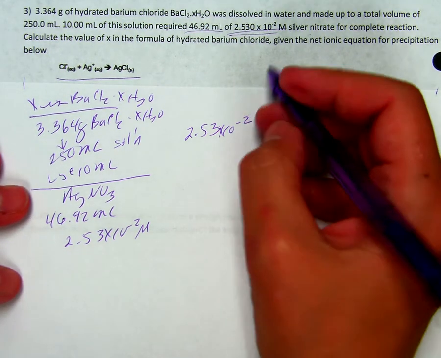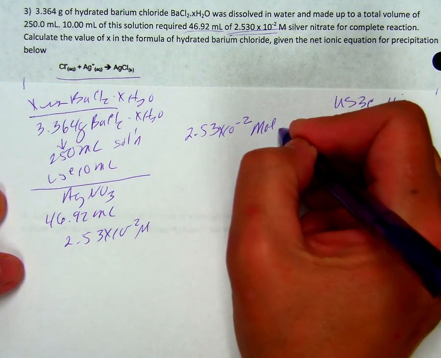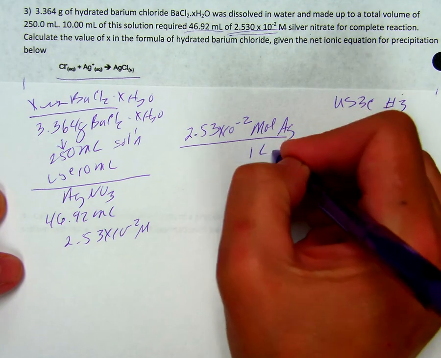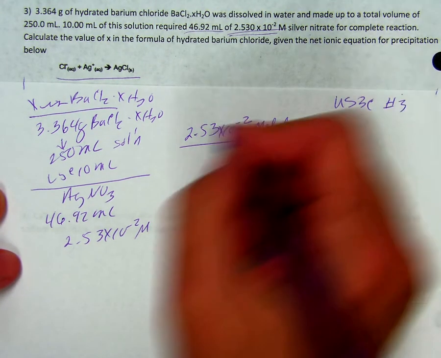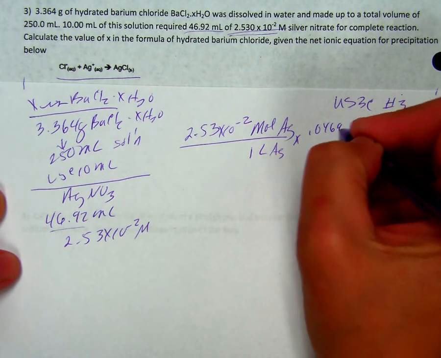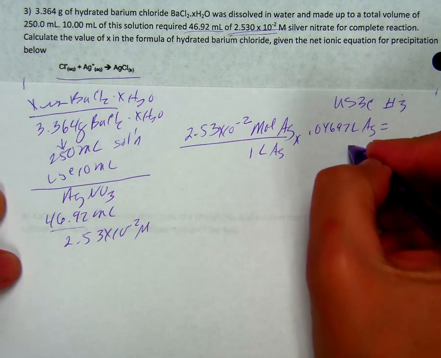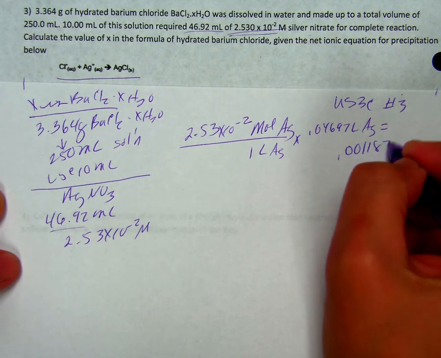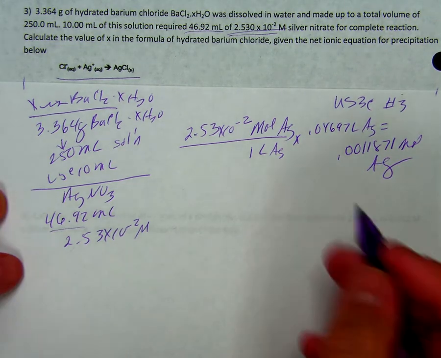Molar of silver nitrate, so I'm going to take that as moles of silver over 1 liter, and I have 46.92 milliliters, that's 0.04692 liters of silver, so that is going to give me 0.0011871 moles of silver, or silver nitrate. Alright.